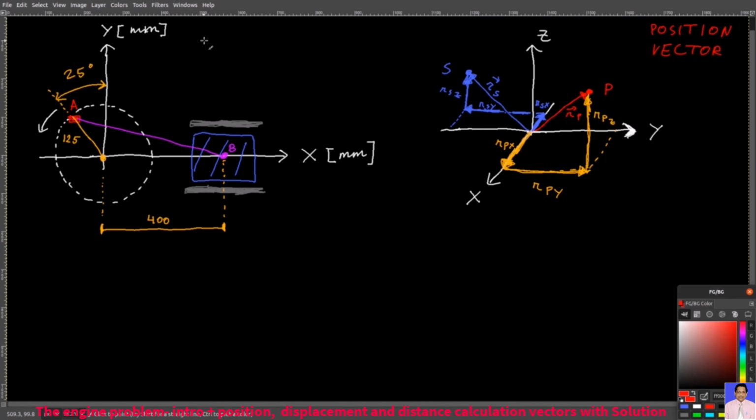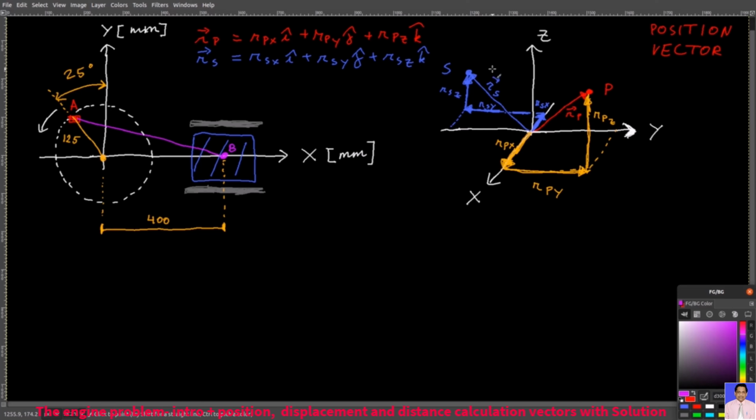So we can say that RP vector equals RPX times I plus RPY times J plus RPZ times K. And then RS vector equals RSX times I plus RSY times J plus RSZ times K.